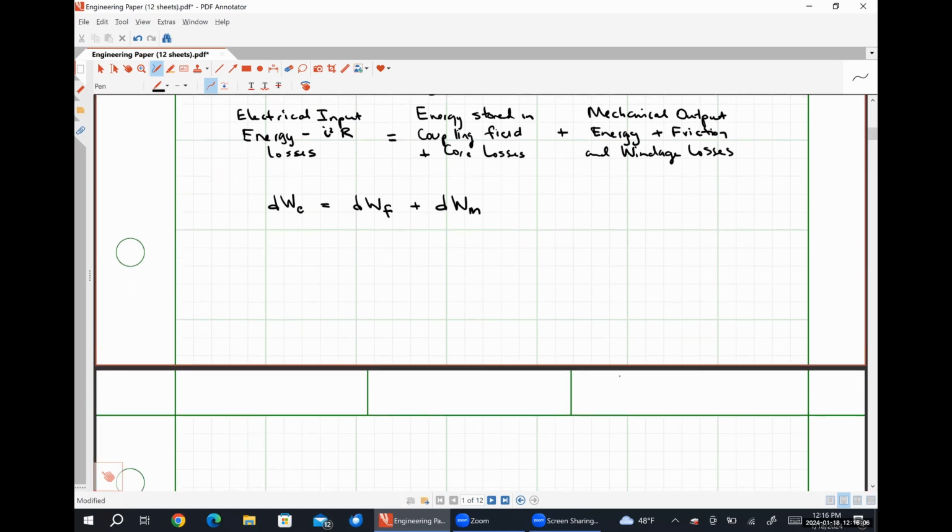So the first thing that I want to talk about is the field energy. And so to discuss the field energy, we are going to look at a simple electromechanical device, also known as a relay, which you all should have some limited amount of experience with.